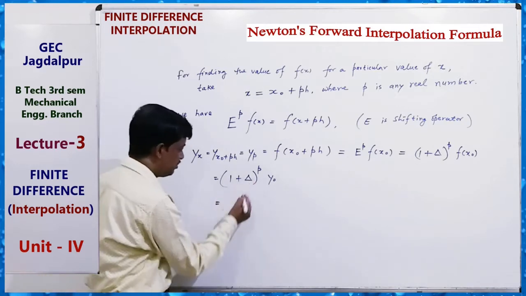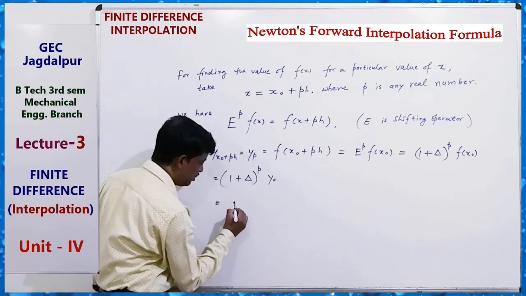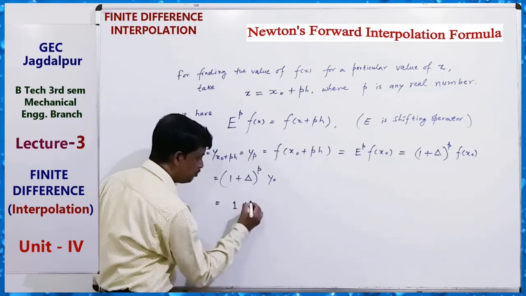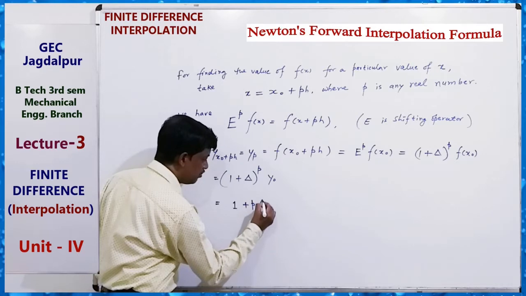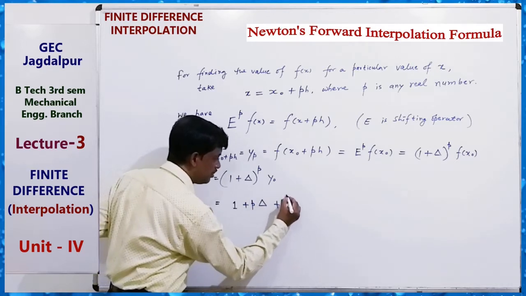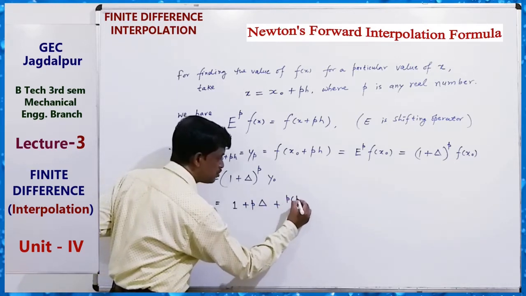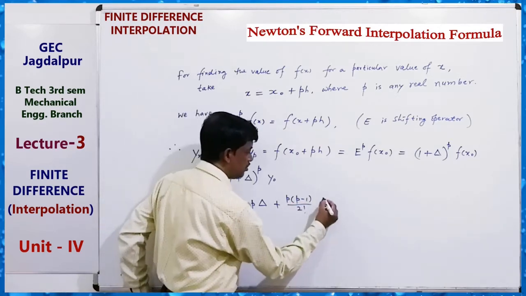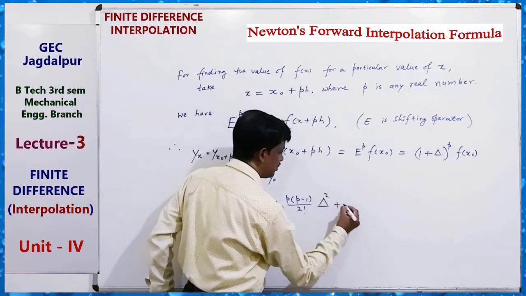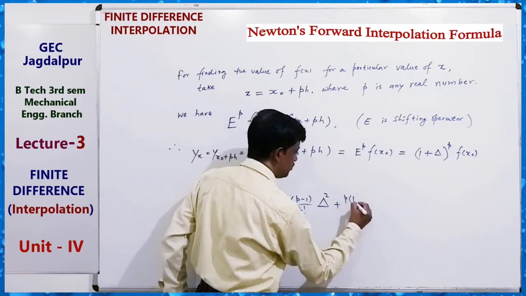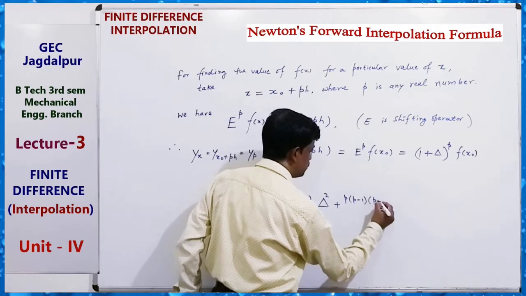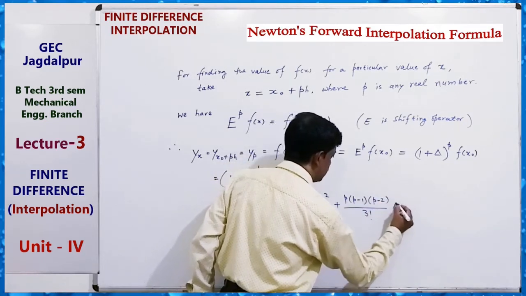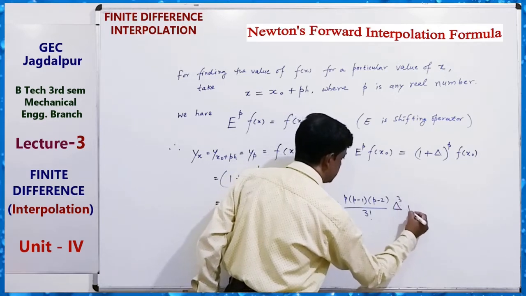So what will this give us? 1 plus p delta plus p(p minus 1) upon 2 factorial delta squared, plus p(p minus 1)(p minus 2) upon 3 factorial, third difference, and so on.